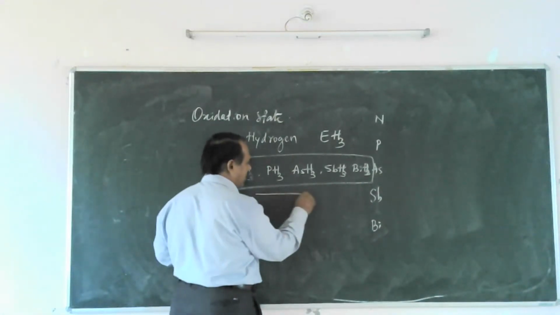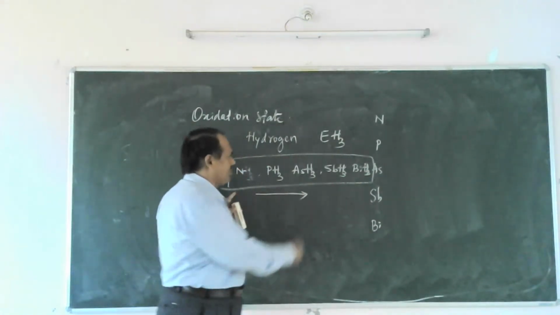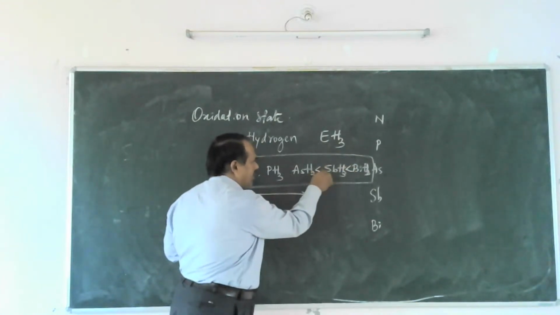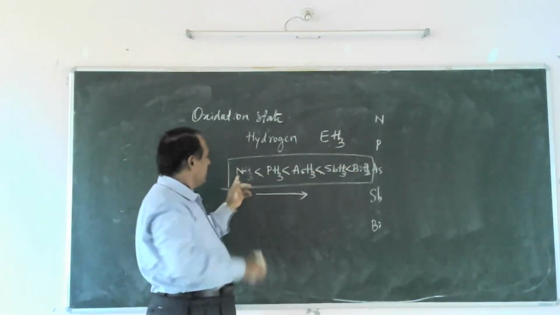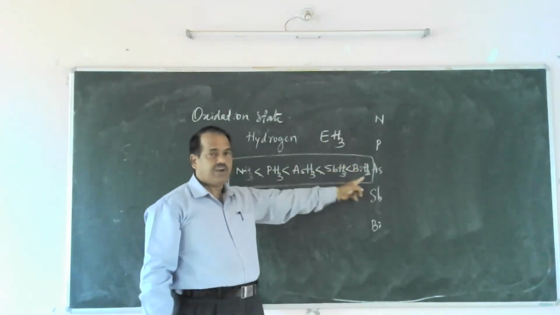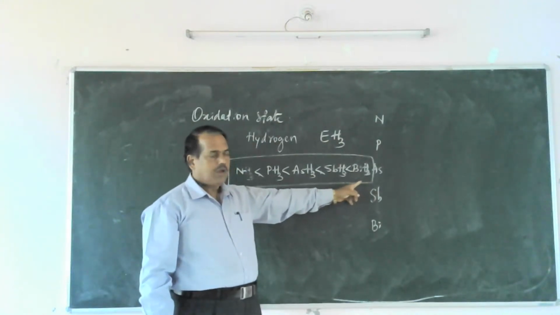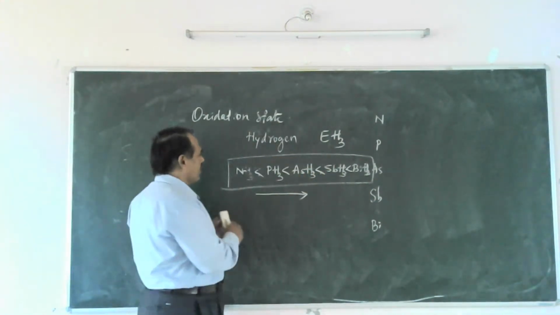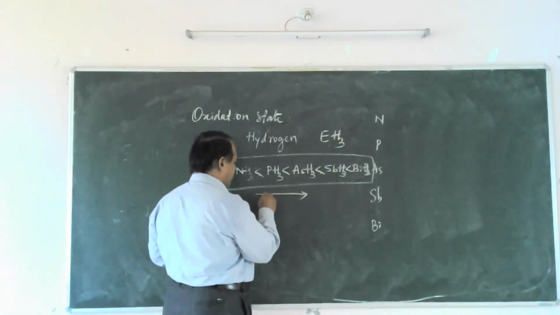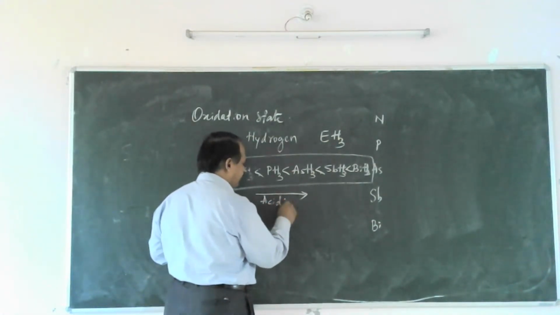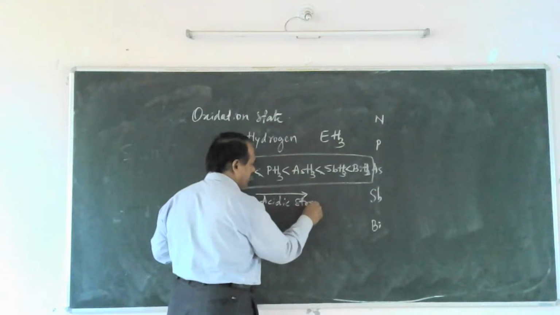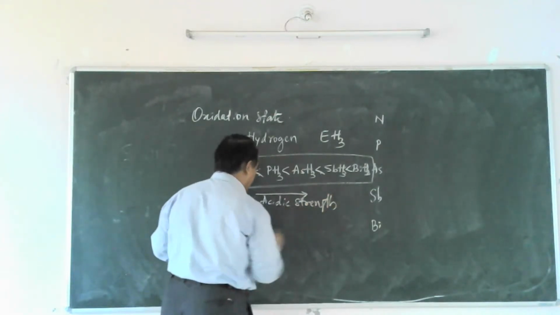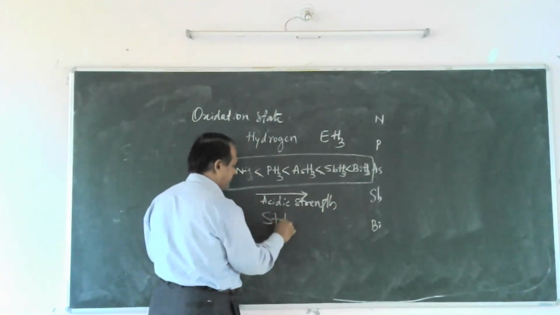So acidic strength increases in this order. This is the increasing order of their acidic strength. Then we go for stability. So first you study acidic strength and then stability.